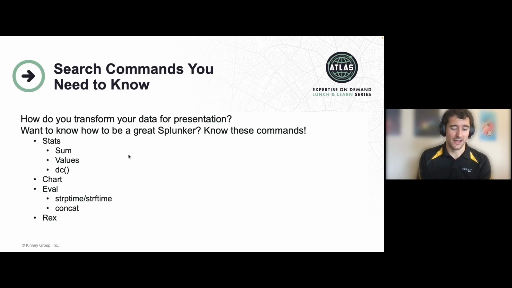Everyone should have that Splunk docs list, at least on their Google hotbar, because it is very helpful to translate from epoch time to the date format you like, or from the date format that the data's in to epoch time. And then concat, when you're concatenating items, you can push strings together to make new fields.